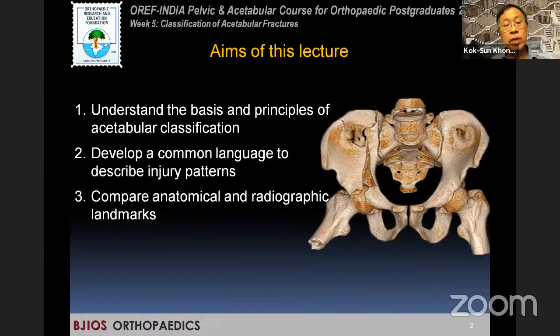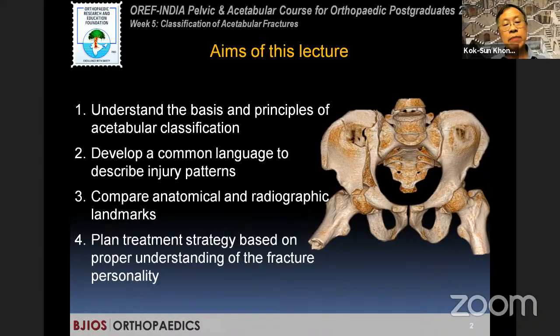By looking at the model or the cadaver and then relating it to certain radiographic landmarks, you understand which fragment is related to which fragment and how to put them together eventually in surgery. It also helps to plan a strategy. If you understand each of the fracture patterns and learn how to approach them as well as how to manage the surgical tactic, then you will have fewer complications than if you go in blind.